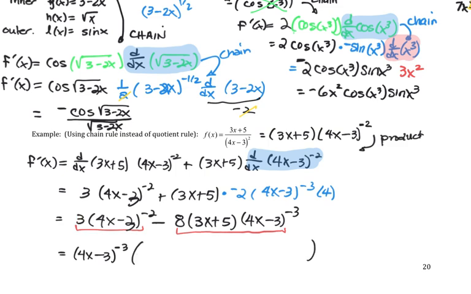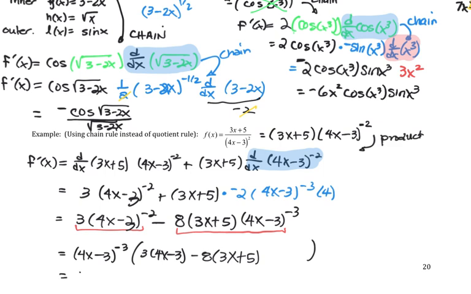Here I'm left with a 3. I'm left with 4x minus 3 to the first power, right? I had negative 2. Negative 2 minus a minus 3. Negative 2 plus 3 is 1, so there's a power 1 there. And then minus 8 times 3x plus 5. And we factored this out, so it's gone.